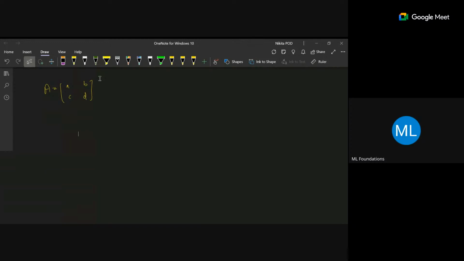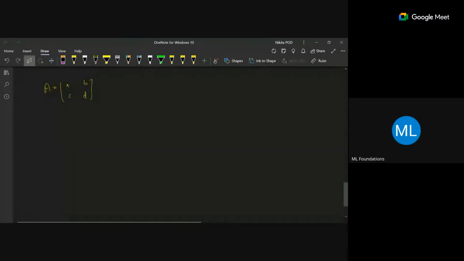So for example, I think you have seen this in the lecture also. Let's take A to be 0 1 0 0, right? So what is the eigenvalue for this matrix? Can you quickly find it?